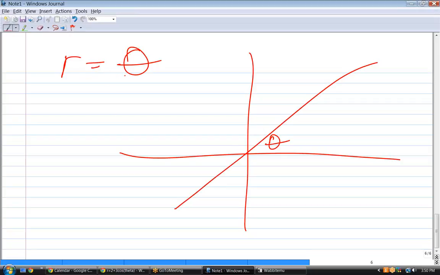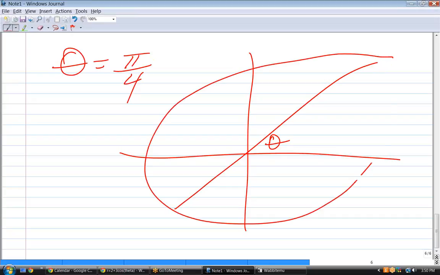Is it r equals theta? No, it's theta equals, this is what I meant to say. Theta equals, in this case, pi over 4. And that would result in this graph of a straight line. The only thing that matters is the angle. It's pi over 4. It doesn't change. And r can be anything along here since we haven't specified it.